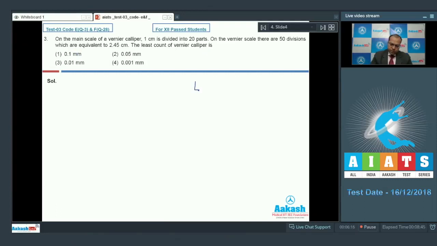So least count can be calculated as 1 MSD minus 1 VSD. Now we have to calculate the value of 1 MSD. So 1 main scale division is equal to 1 centimeter divided by 20, which comes out to be 0.05 centimeter.